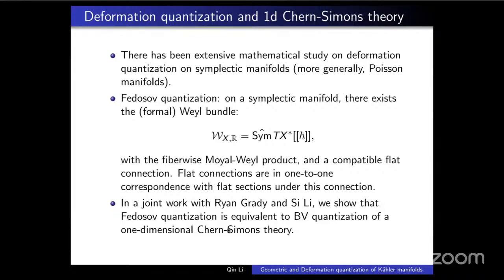And there is also a general method called the Fedosov quantization. There, on a symplectic manifold, there exists a so-called Weyl bundle, defined as follows. This is the completed symmetric product of cotangent bundles with this formal variable h bar here.